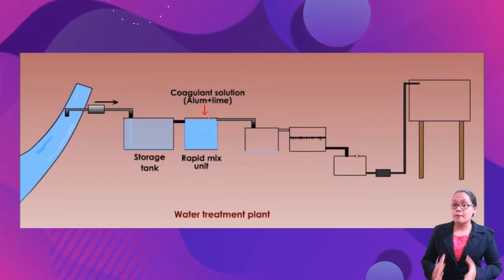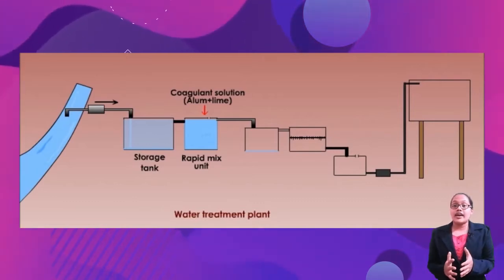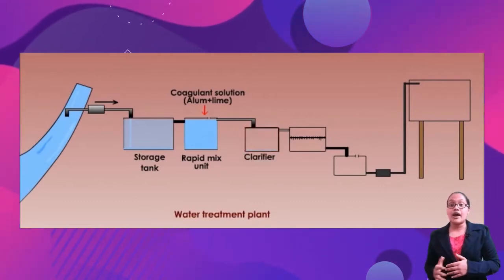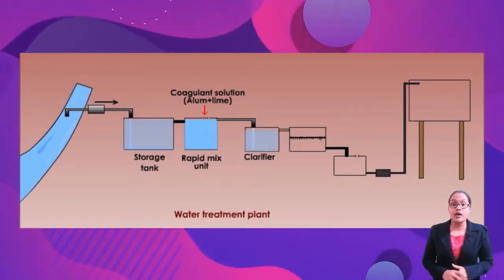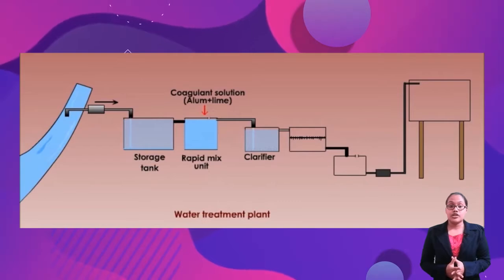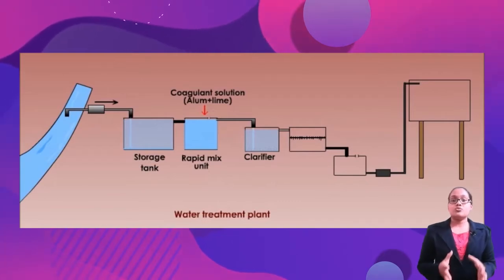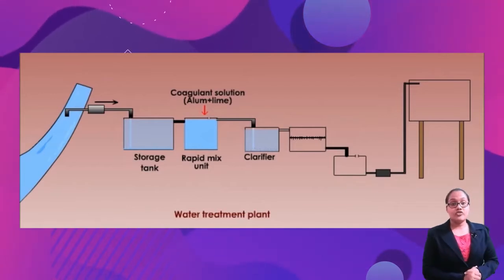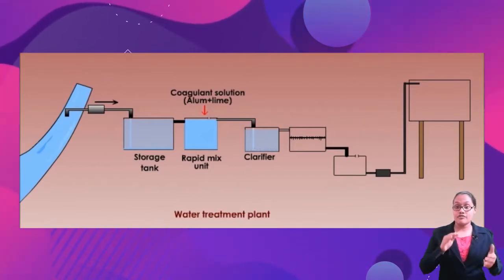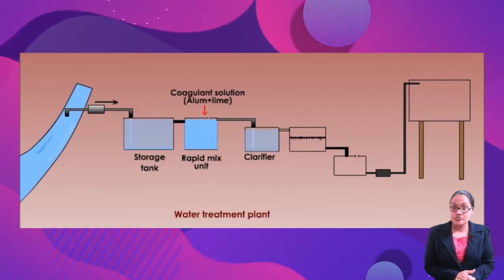Thus we can make the clay particles that are suspended in the water settle down at the bottom of the loading tank. Then this water is made to pass through a filtration tank in which 3 layers of filtration are done.